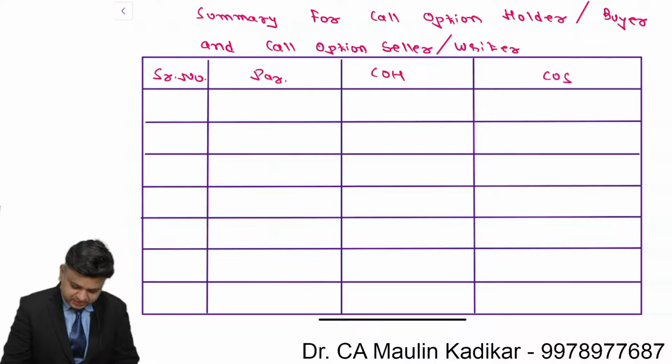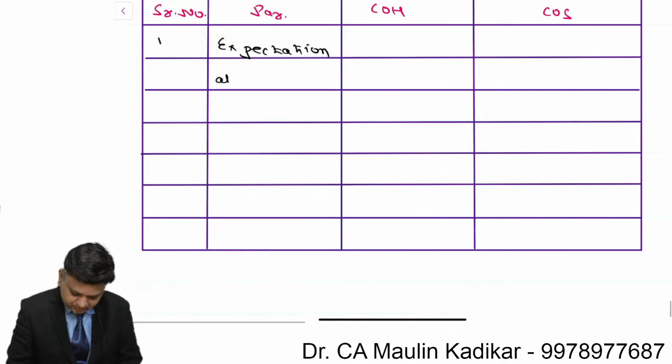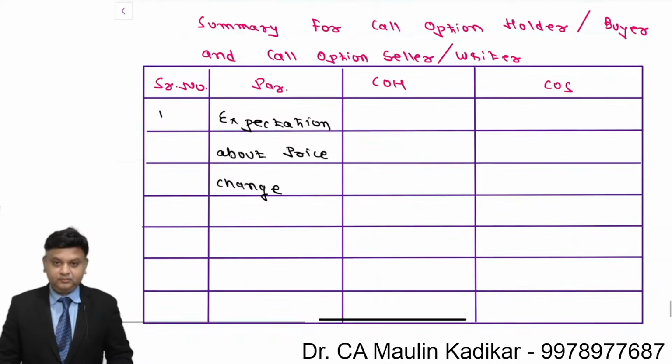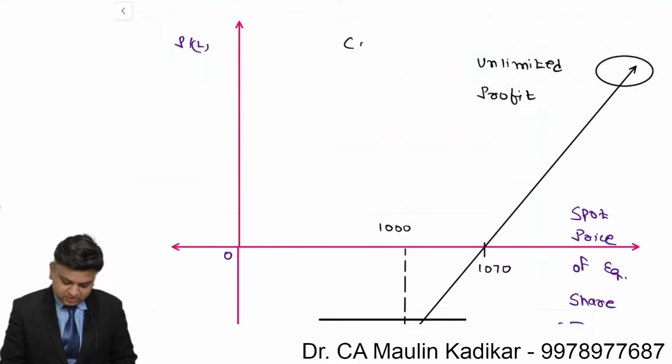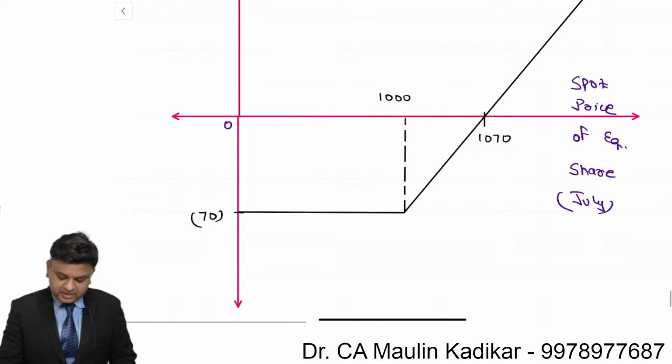So the first point is expectation about price change. We can see that this is the diagram for the call option holder, in which call option holder will be able to make profit if at all the price of the security increases.